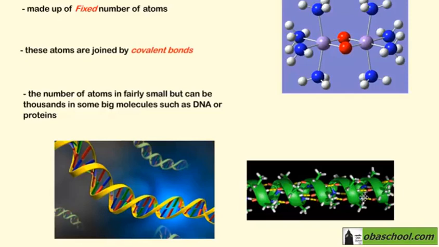You can see from the picture the large number of atoms that are found in proteins. Usually, the number of atoms is fairly small in the molecular structure, but DNA and proteins are examples of some of the large molecules. Also remember that the bond in molecular structures is a covalent bond.